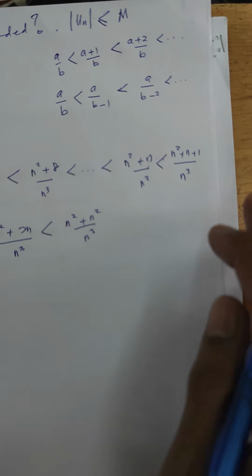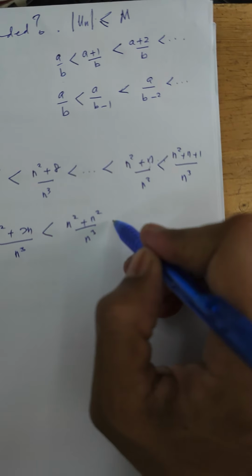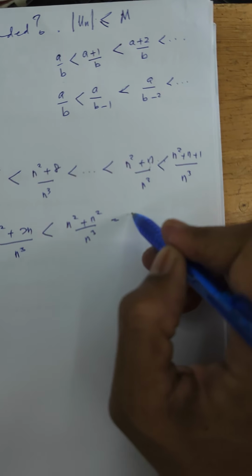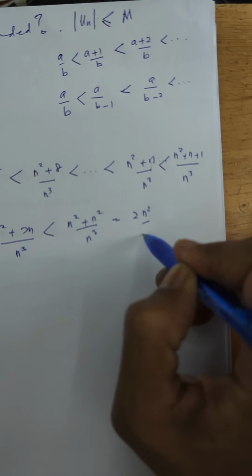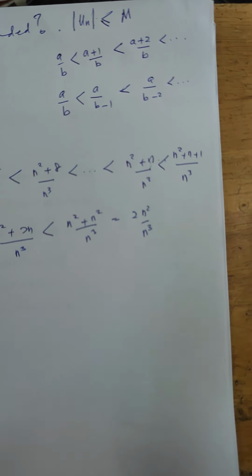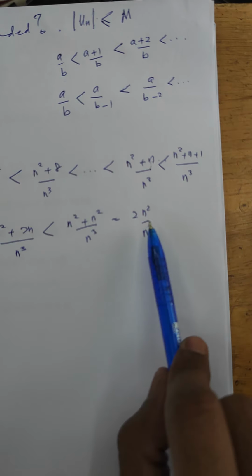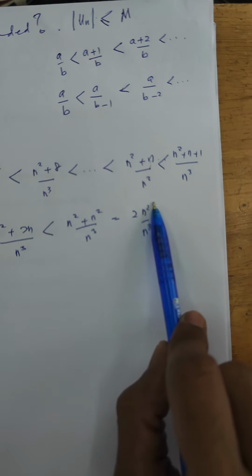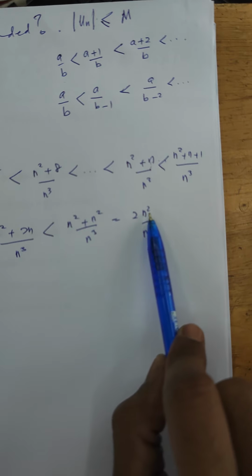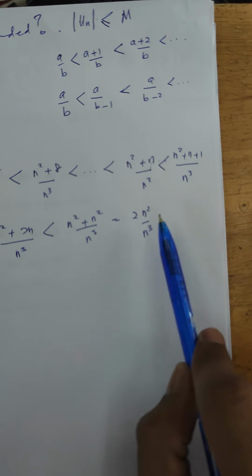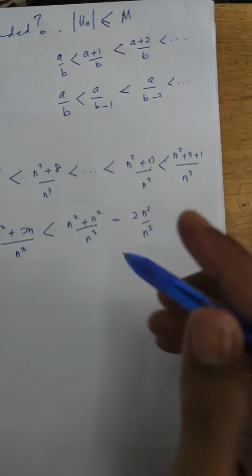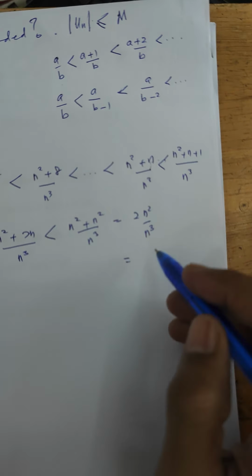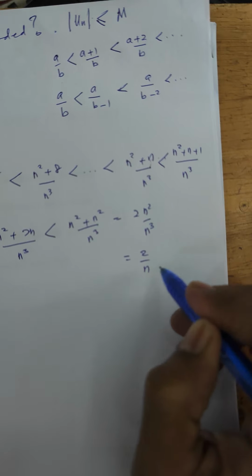From there we have 2n squared over n cubed. Of course, you can keep on increasing the numerator until you get, or from there, this is equal to 2 over n.